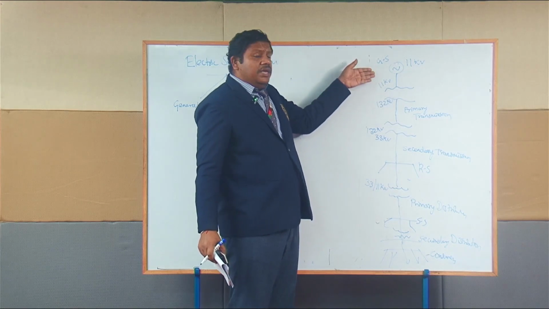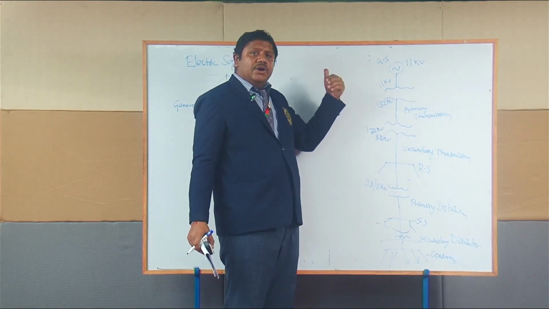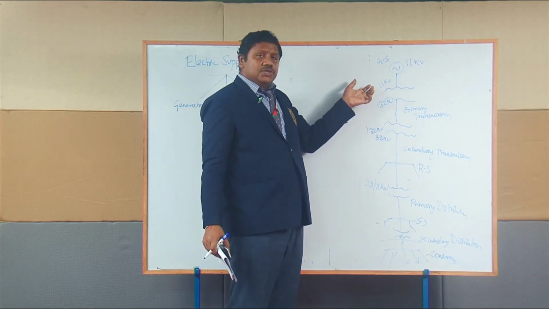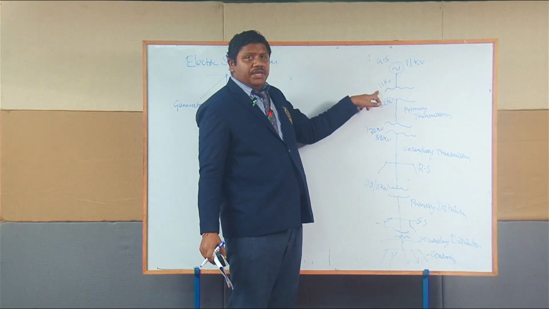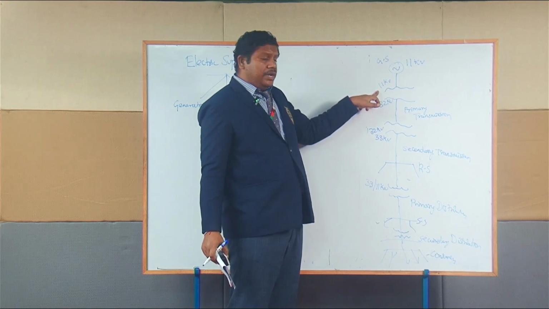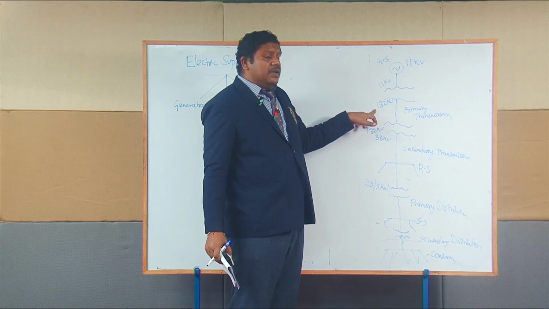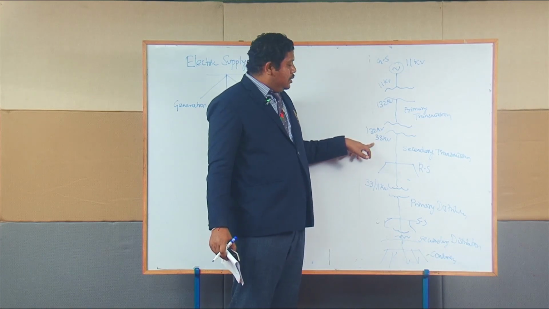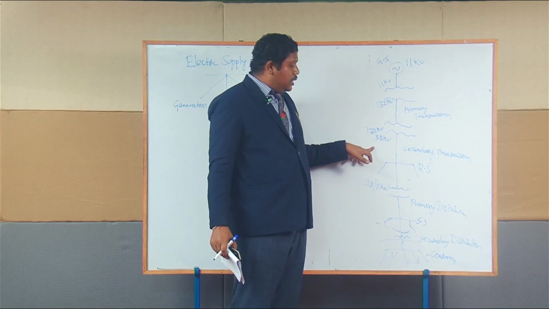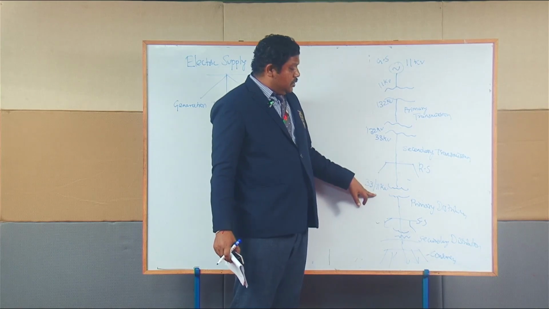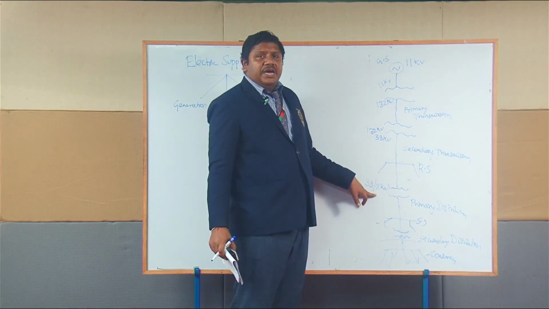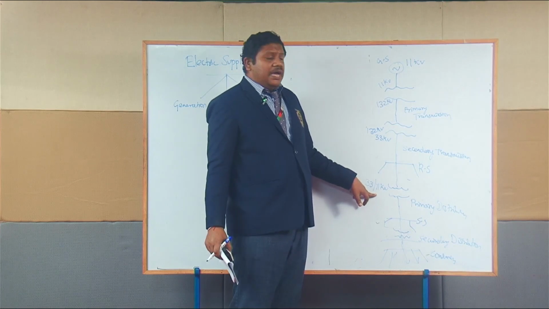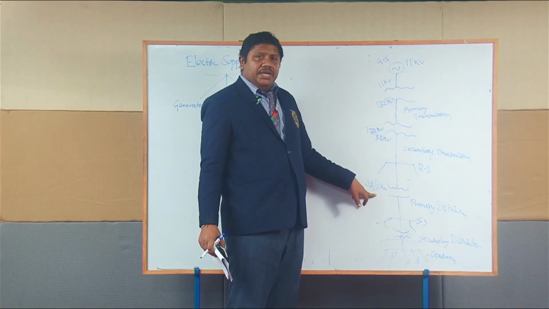There is a major advantage of going for high voltage transmission. We step up the voltage from 11 kV at the generating station to 132 kV, and it is transmitted over a long distance. At the receiving side, it is again stepped down to 33 kV, and distributed to big consumers like industries and institutions, which have a power supply at 11 kV.